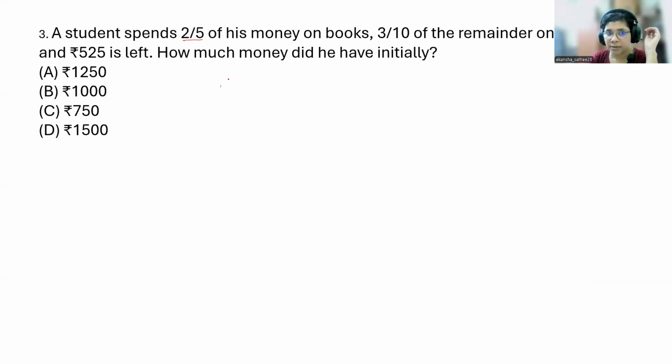Assume the student has X rupees initially. Okay, this X we have to figure out.